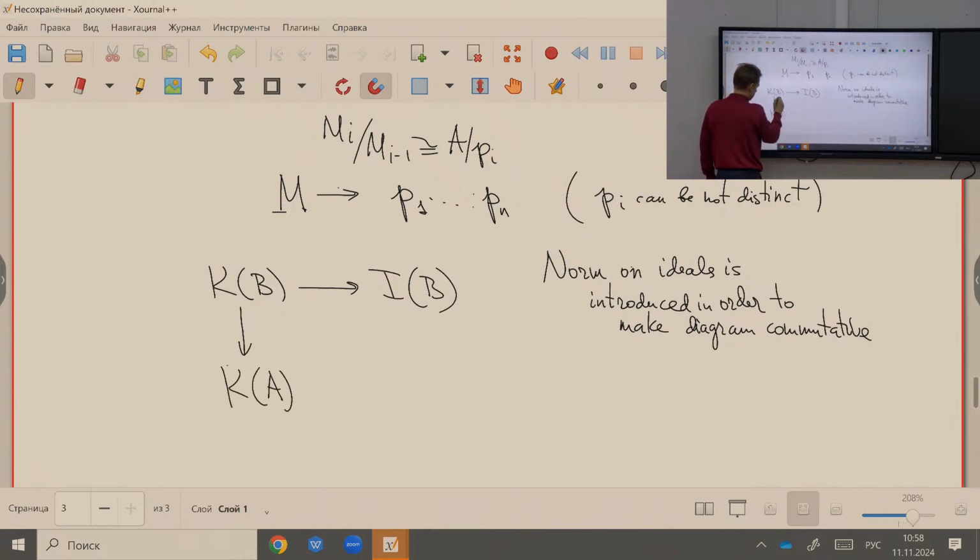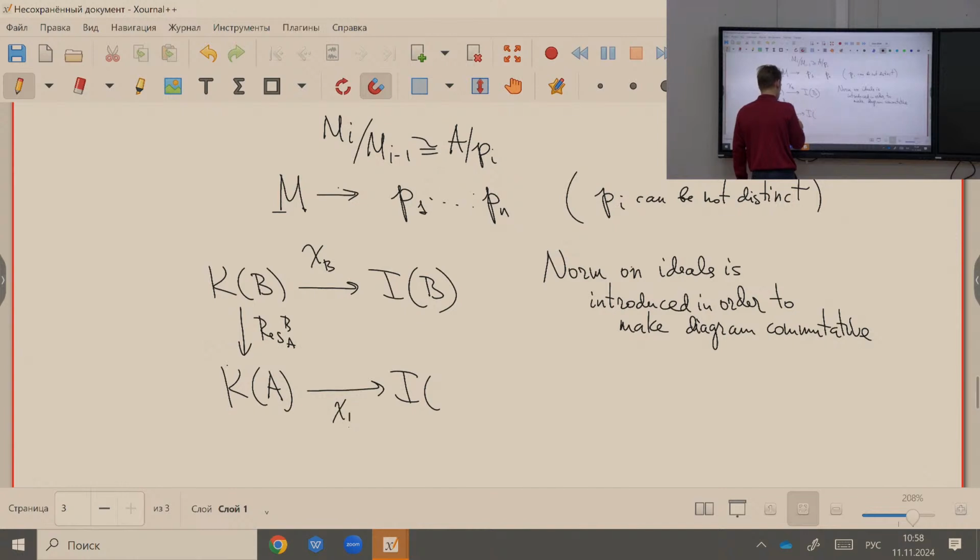So there is a map that is restriction, and here you have chi E, here you have chi A, and here you have this norm map.